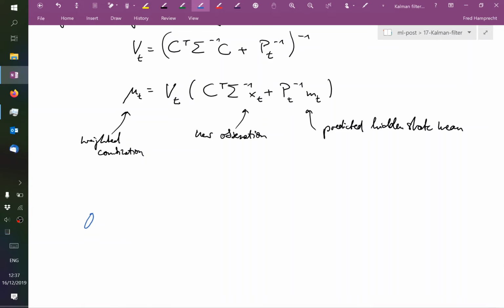So I'm using blue for location, and I'm using green for velocity. So let's say the system thinks that it's moving right with maybe an isotropic uncertainty in the velocity.